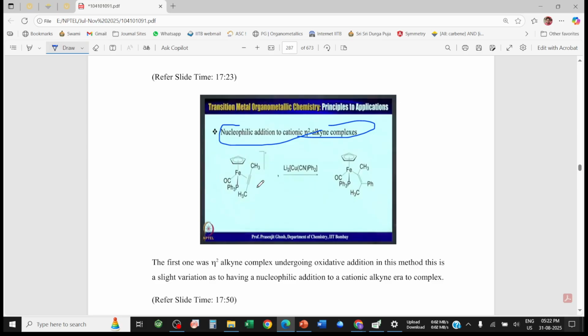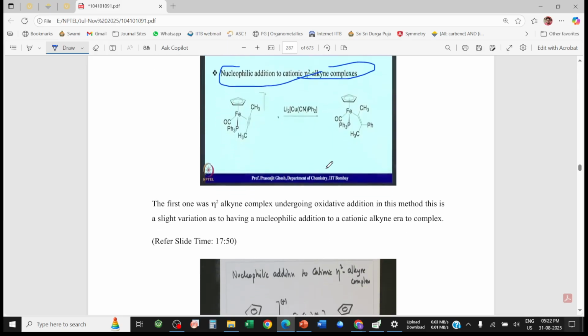But when it binds to the metal, it becomes electron deficient and it can undergo the nucleophilic addition reaction. So here also it's attached to the cationic eta 2 alkyne complexes, but here the nucleophile is Ph, phenyl.